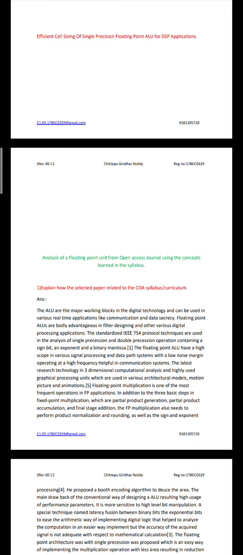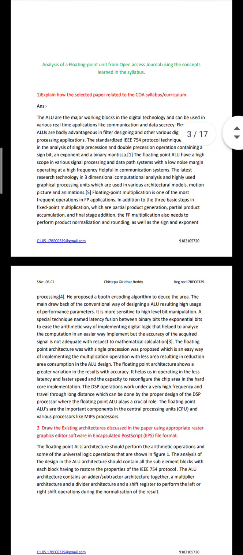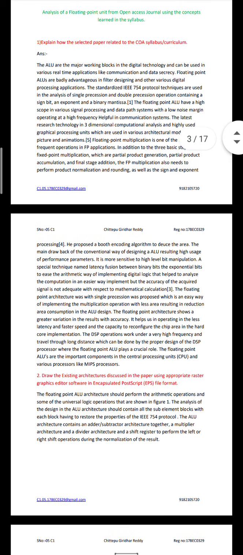I have taken the journal called Efficient Cell Sizing of Single Precision Floating Point ALU for DSP applications. This is an analysis of a floating point unit from an open access journal, using concepts learned in the COA syllabus. I selected this paper because ALUs are the major working blocks in digital technology and can be used in various real-time applications like communication and data security.